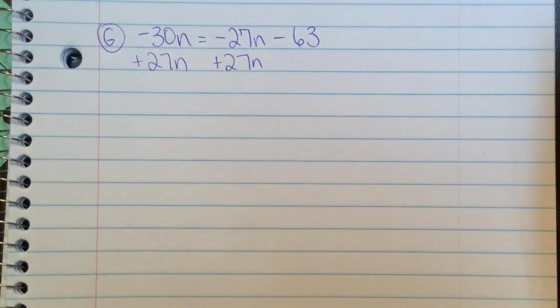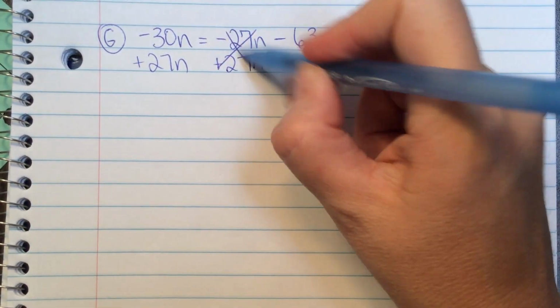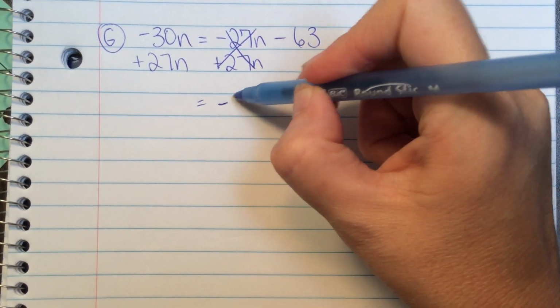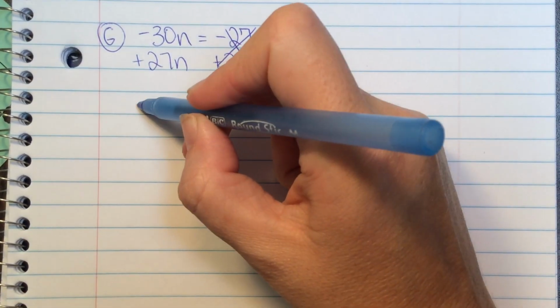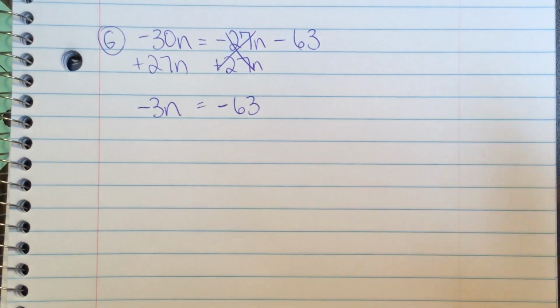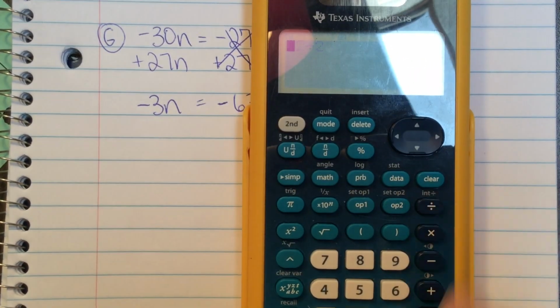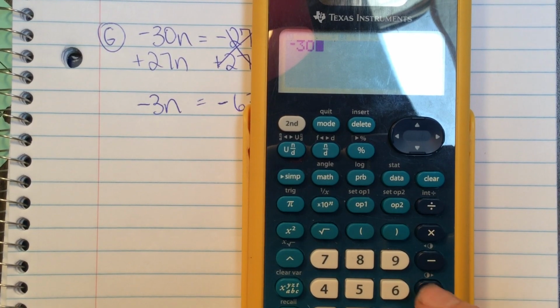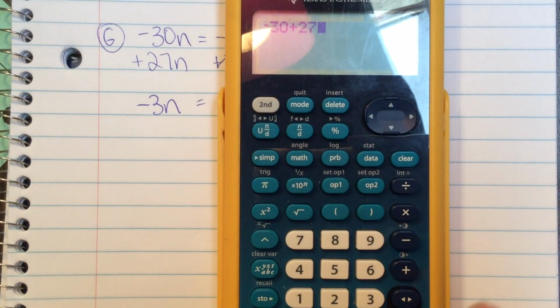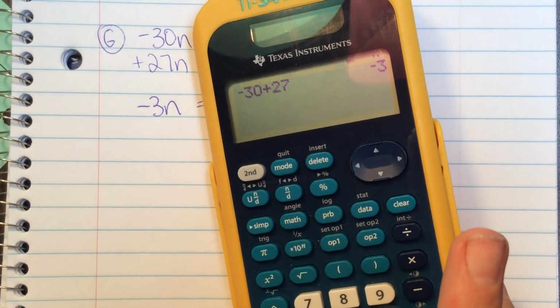And I'm glad we did this one together, because of the negatives, and we'll check ourselves. So if we have negative 30 plus 27, we will get negative 3.